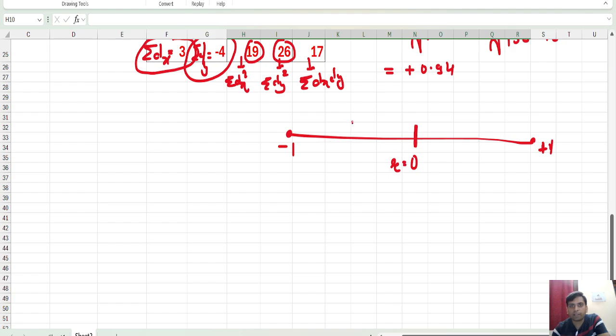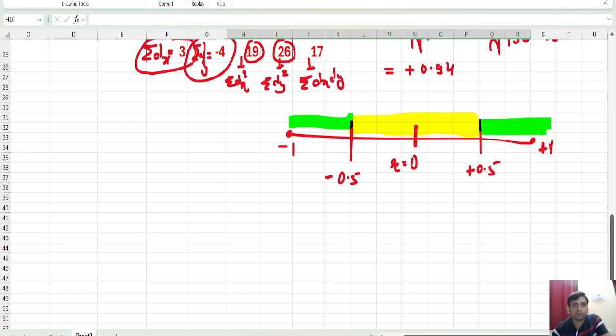And if the value is between minus 0.5 and plus 0.5, in this middle region, it is the weak region. And if the value lies in this outer region, then it is considered a strong region towards 1.